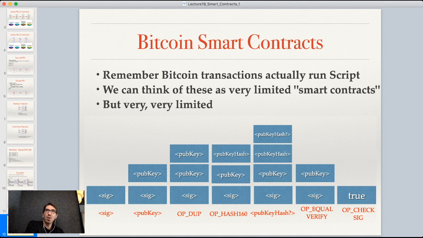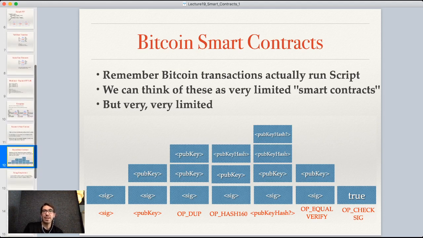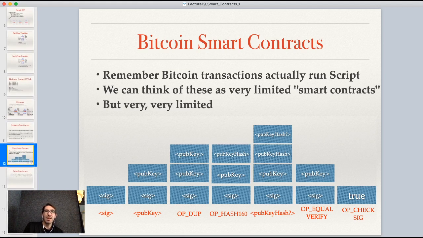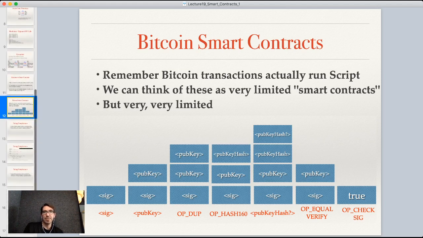So there's not a lot you can do here, but you can issue transactions on Bitcoin that have slightly more complicated capabilities than simple transfer of value. But there are still limitations. There's not a lot of possibility to support additional data types or functionality, and most importantly, it's not Turing complete.